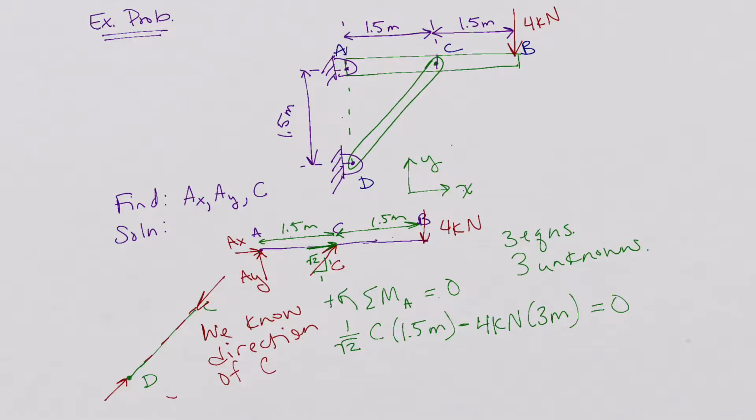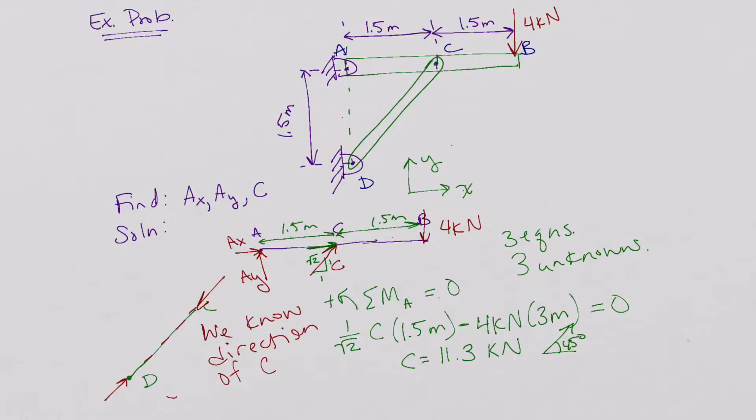So now we can get C. I'm just going to plug that into my calculator. And so we get C equals 11.3 kilonewtons. And we know it's at a 45-degree angle going up.